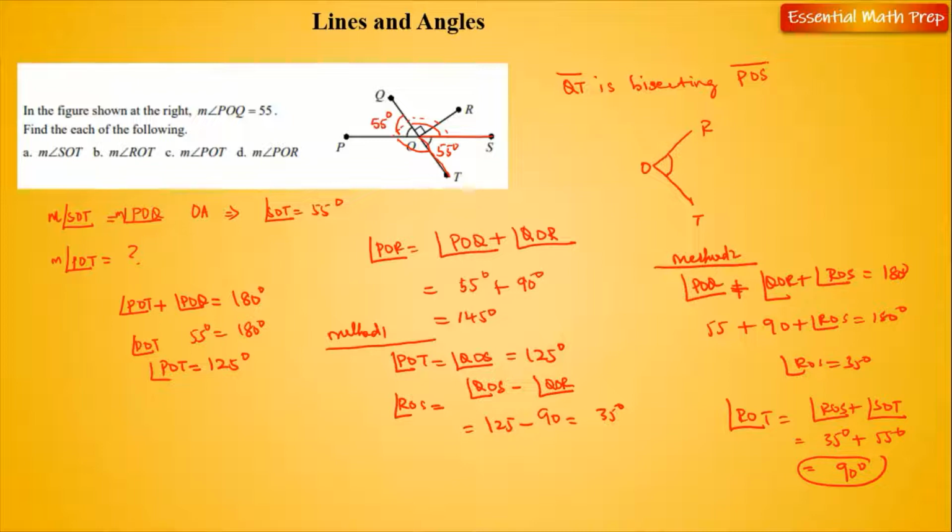So did we determine all the angles? We determined SOT, which is 55. We determined angle ROT is 90 degrees. Angle POT is 125 degrees. Angle POR is 145 degrees. And it all makes sense.